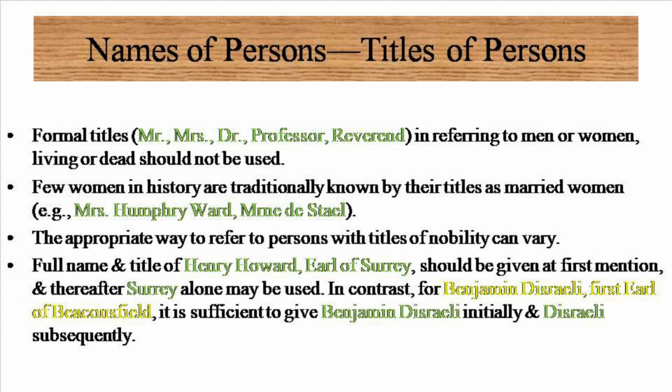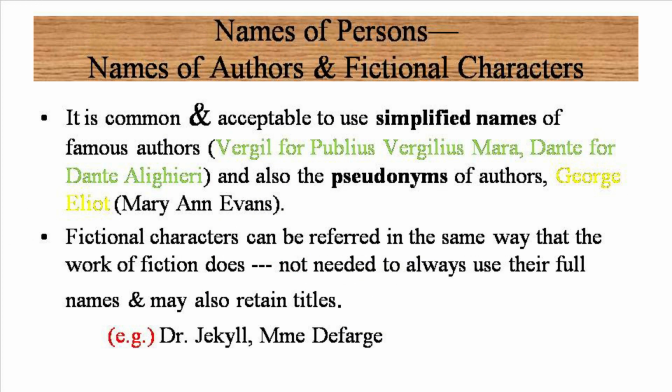Full name and title of Henry Howard, Earl of Surrey, should be given at first mention, and thereafter Surrey alone can be used. It is common and acceptable to use simplified names of famous authors and also their pseudonyms. Fictional characters can be referred to in the same way that the work of fiction does.